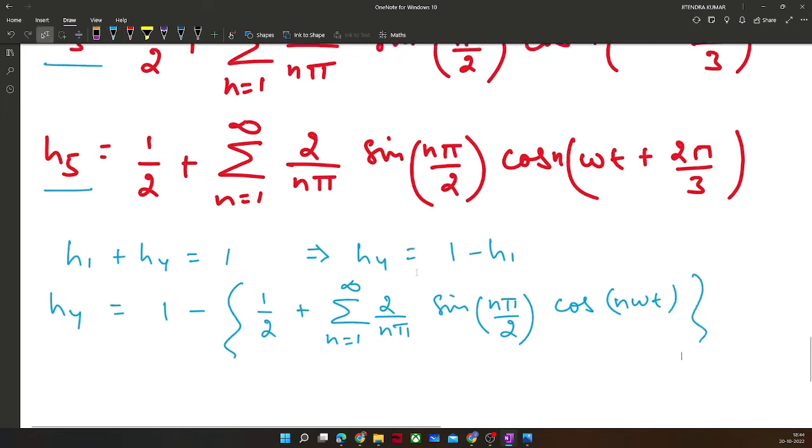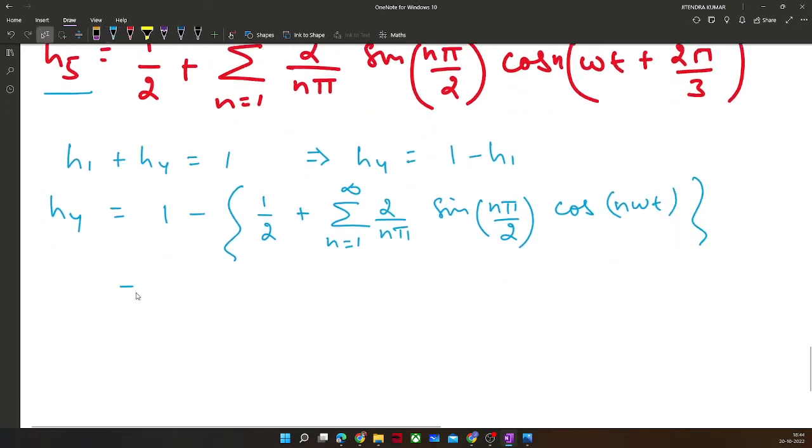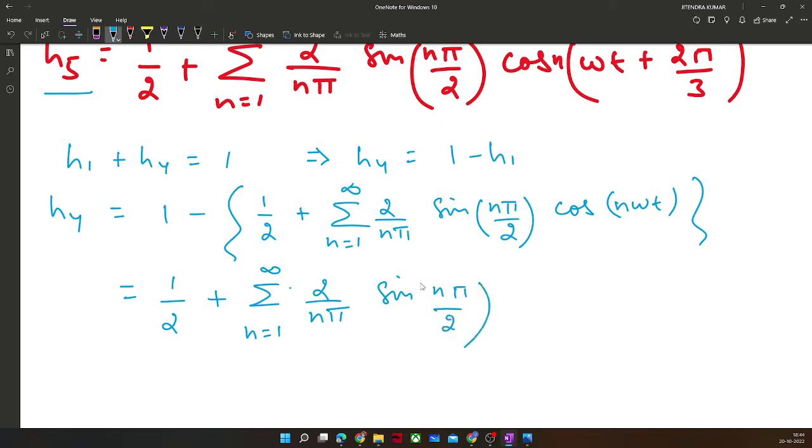After further simplification, it will come out to be the sum from n equals 1 to infinity of 2 by n pi sine n pi by 2 cos of n omega t minus pi.